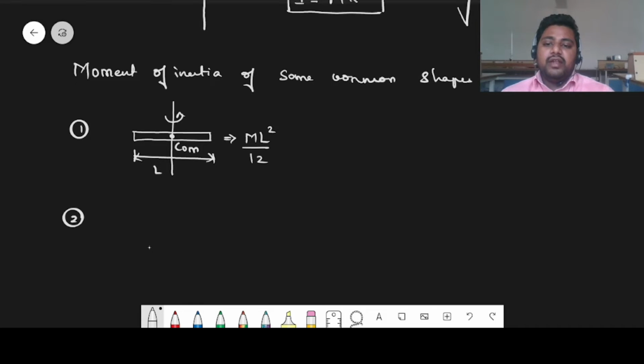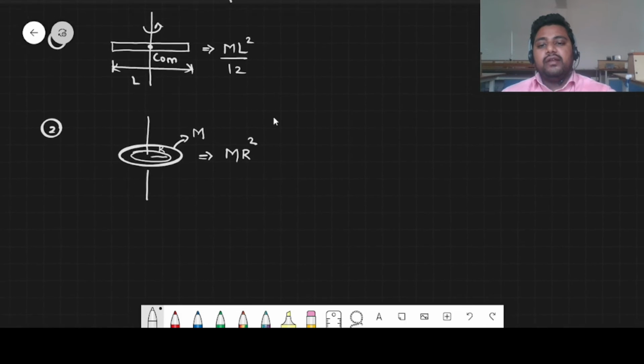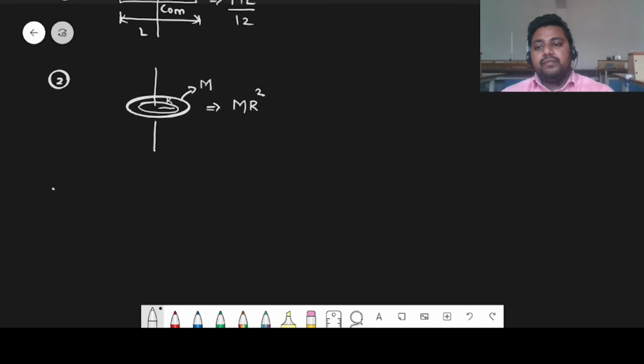Second one, let's say we have a ring of mass m. The moment of inertia for it is given as m r square, where r is the radius of that ring. Third one is a disk. This is a ring, this is a disk.